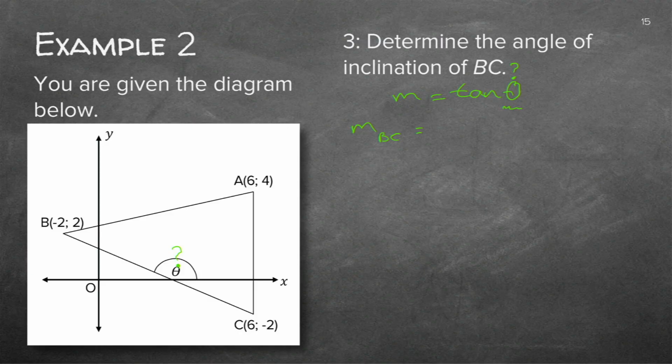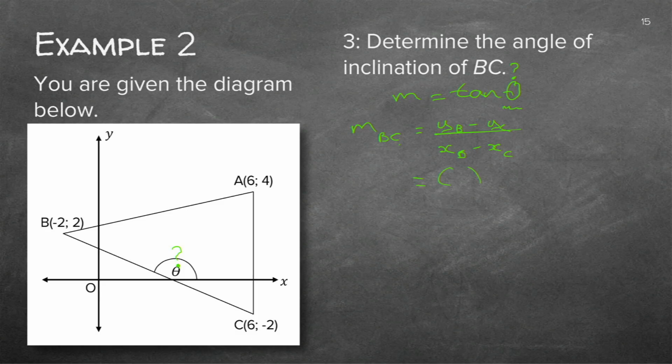So if you want to, just another option, if you name it gradient of BC, you write down your formula: gradient equals y of B minus y of C over x of B minus x of C. If you do it in this manner, you can straight away go to point B or point C. Just remember, if you picked B first and then C on the top, you must keep the same order at the bottom. You can't swap around the bottom because then you'll have the wrong answer.